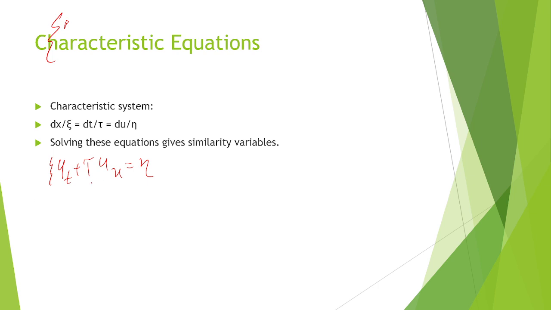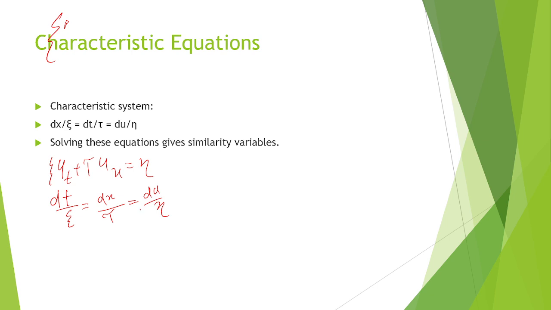So the characteristic equation for this first order PDE takes the form dt over xi equals dx over tau equals du over eta. So this is the characteristic system of equations.